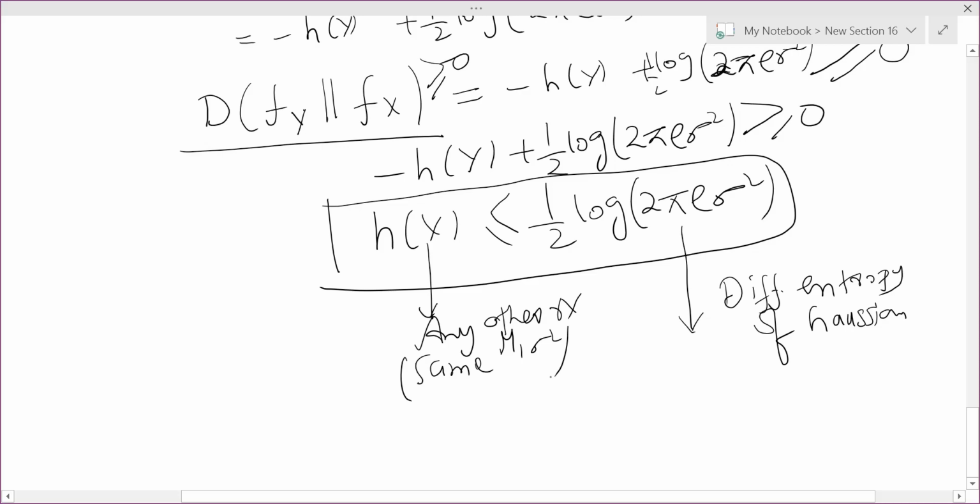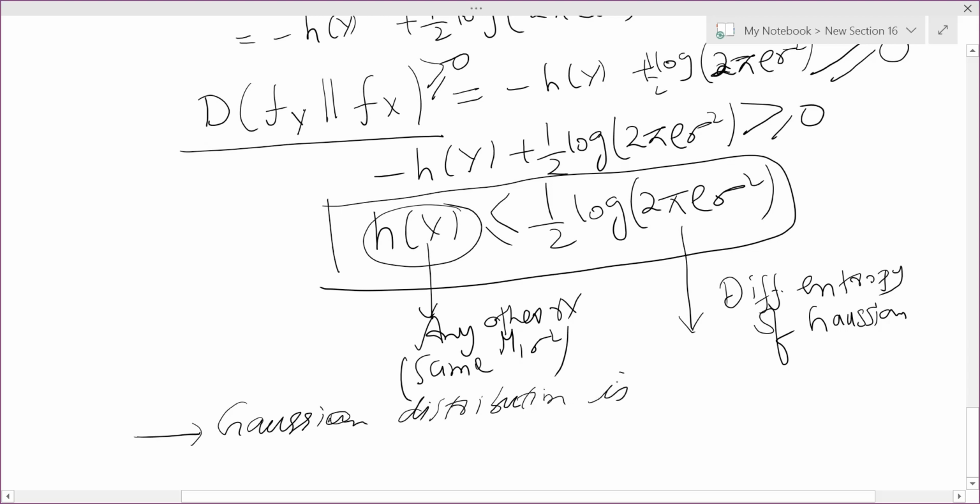So it means that among all distributions, the maximum entropy possible for any random variable is when the random variable has a Gaussian distribution. In other words, see what I will write, that Gaussian distribution is the entropy maximizing distribution.